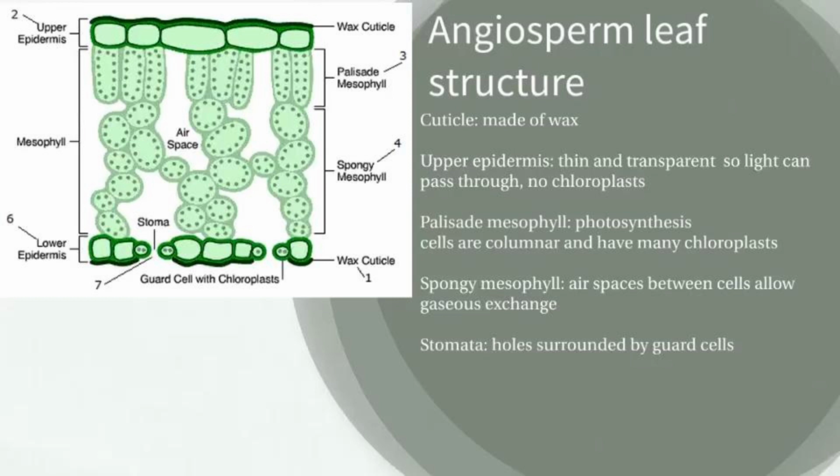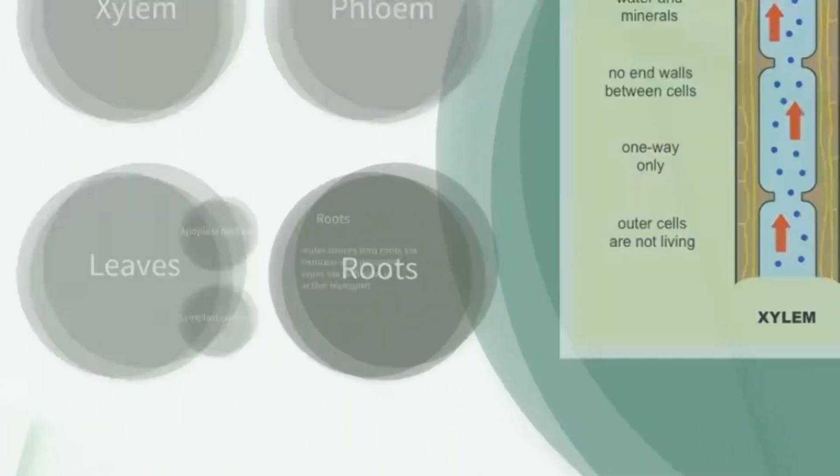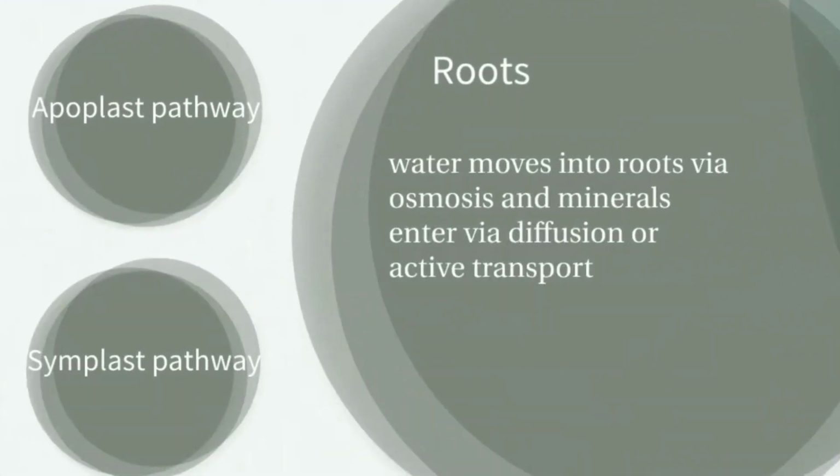Now, for the last bit of this lesson, I'm going to talk a bit more about the root structures, and this will begin to go into some of the pathways that substances take within the plant, but we're going to concentrate on that a bit more in next week's lesson. So the roots are the site where water moves into the plant.